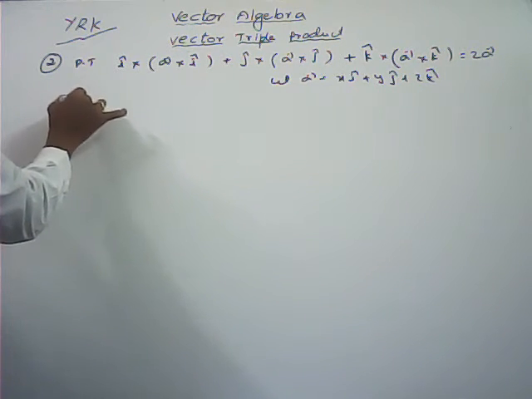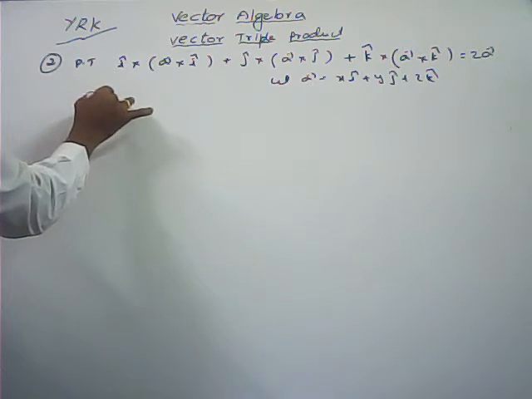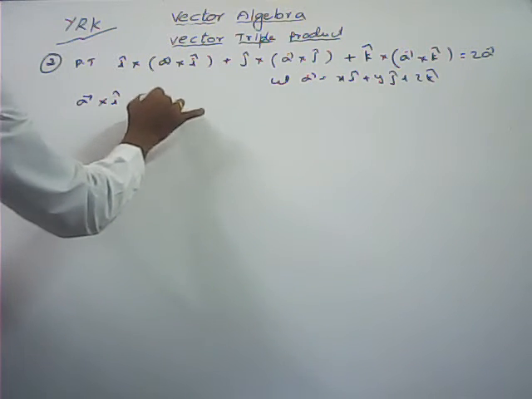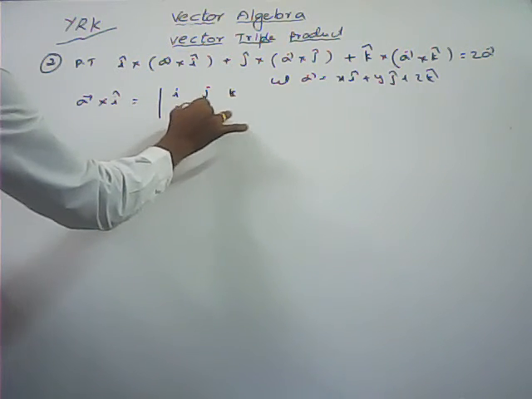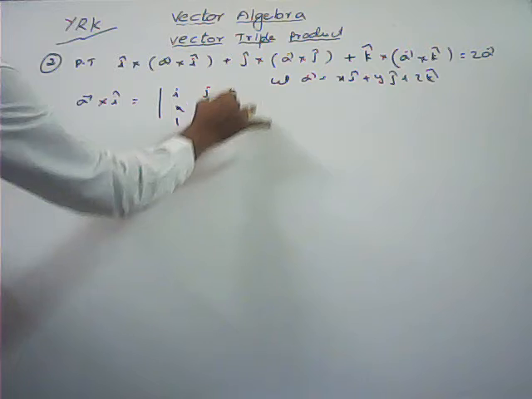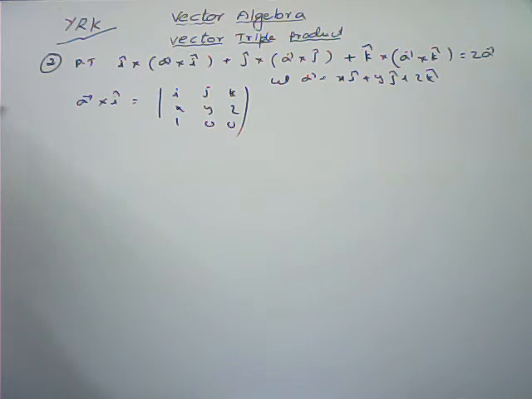So here A bar cross i bar is equal to i j k, x y z, 1 0 0. Here i coefficient 1, j k 0.